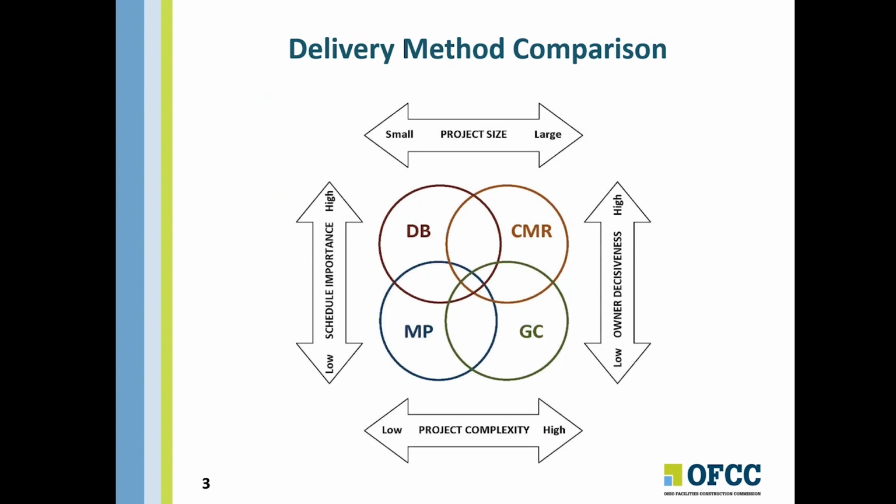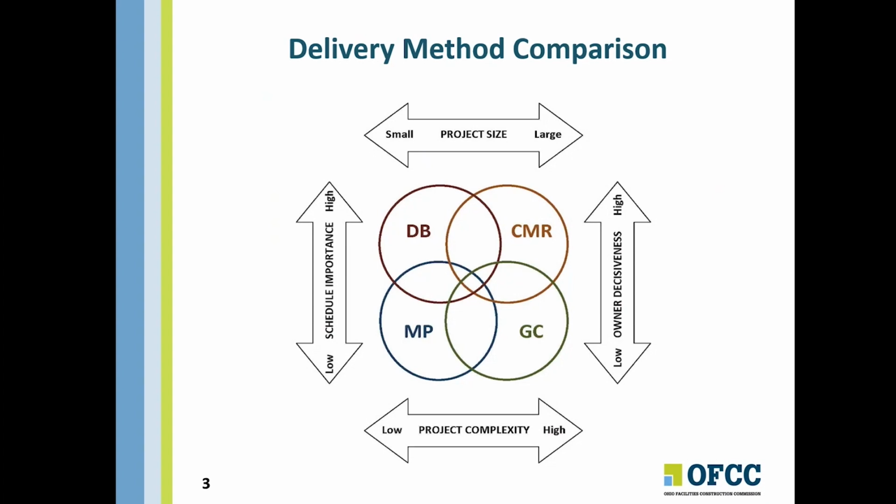Construction Manager at Risk, abbreviated CMR in the diagram, is shown in the upper right quadrant of the diagram. When comparing this delivery method using the same broad project characteristics, the CMR method is ideal for large-scale, complex, schedule-driven projects that are led by decisive owners.